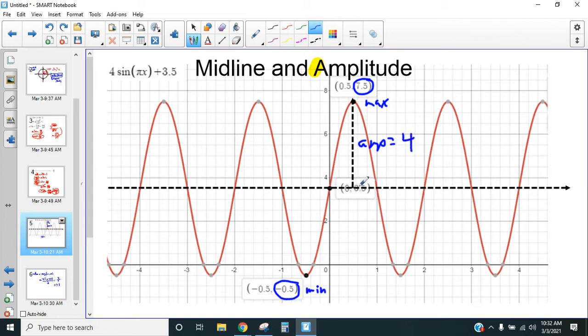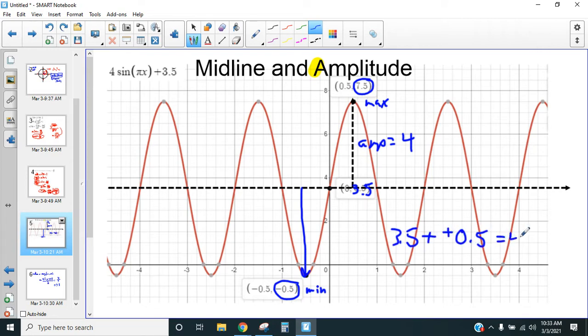How is it 4? Well, it went from 3.5 up to 7.5. Easy enough. You could also measure it to the bottom. How far is it from 3.5 to negative 0.5? I could just subtract them. 3.5 minus a negative. What happens when you subtract the negative, though?